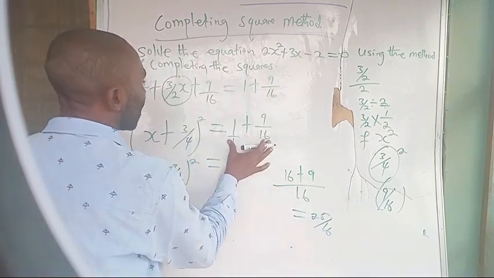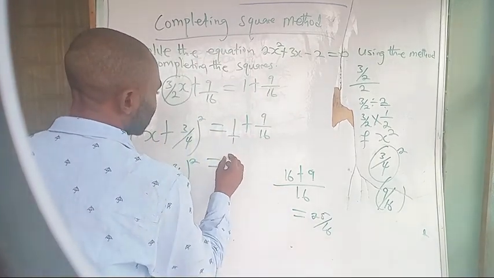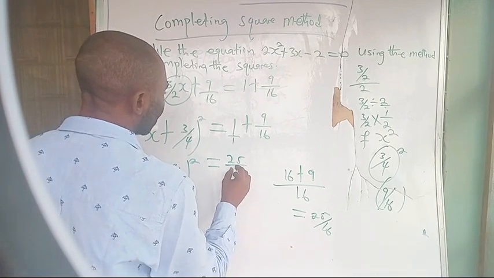So our right hand side is 25 all over 16.